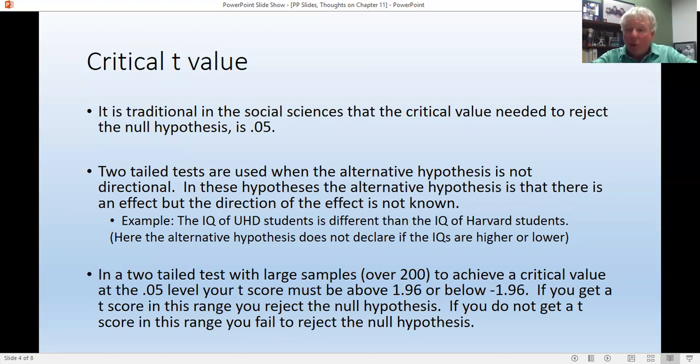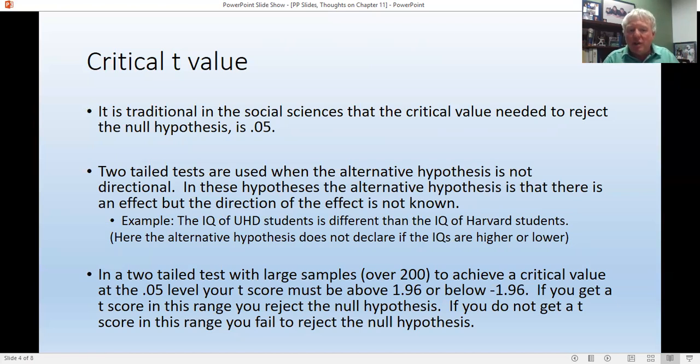In each of those cases, we would have failed to reject the null hypothesis, and the evidence would not be strong enough to support our alternative hypothesis. However, if we get a t-score higher than 1.96, say 2.35, or lower than negative 1.96, negative 2.35, for instance, then we will have the evidence to reject the null hypothesis and say that our alternative hypothesis is supported by the evidence. Remember, it's not proven, but the evidence does support it, okay?